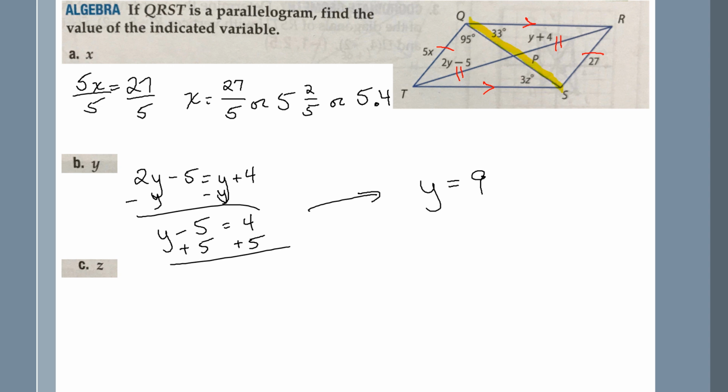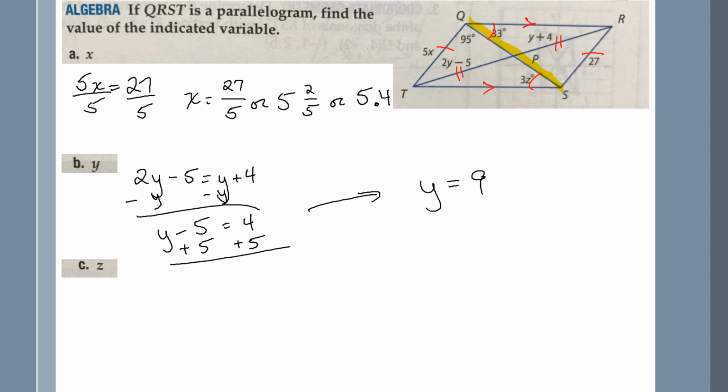There we go. All right, so that segment is a transversal, right? So we know that two parallel lines cut by a transversal, these are alternate interior angles, and those are congruent. We could have also gone by triangle congruence, that those are corresponding parts.